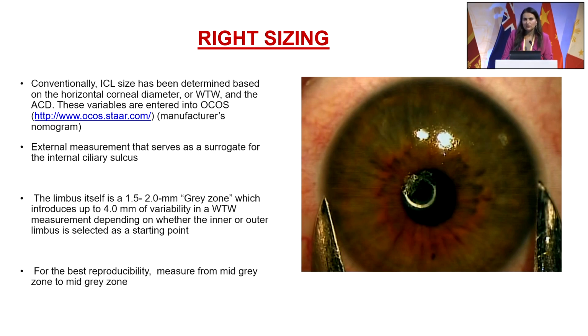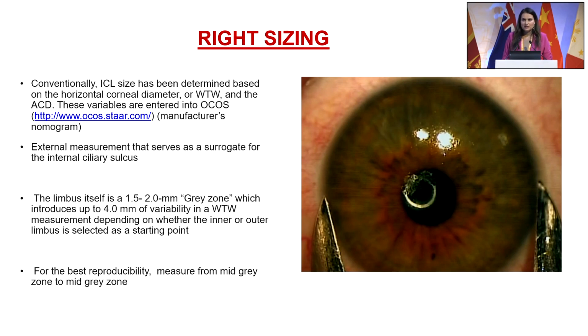Now the ICL is actually sitting in the sulcus, but manually from outside you cannot measure the sulcus, so white to white serves as a surrogate for that. It is based on the assumption that the sulcus size is 0.5 millimeters larger than the white to white. So it accounts for that and calculates the lens power.